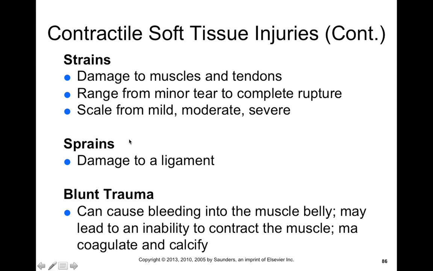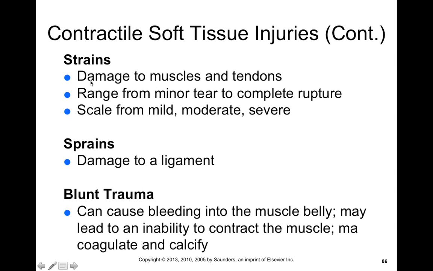Now, strain versus a sprain is interesting. I mean, they sound similar, and it's easy to get them confused. But strains are damage to contractile tissues like muscles and tendons, right? So if it's a strain, we're talking about a muscle or tendon injury. And it ranges from minor tear to complete rupture, and it can be mild, moderate, or severe.